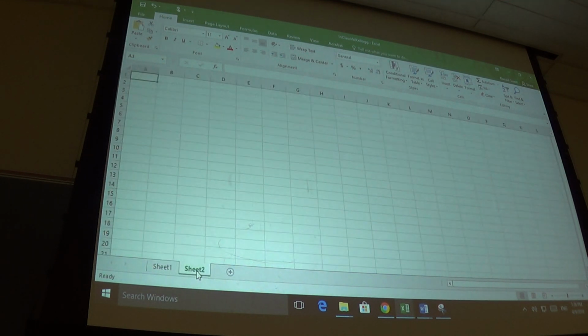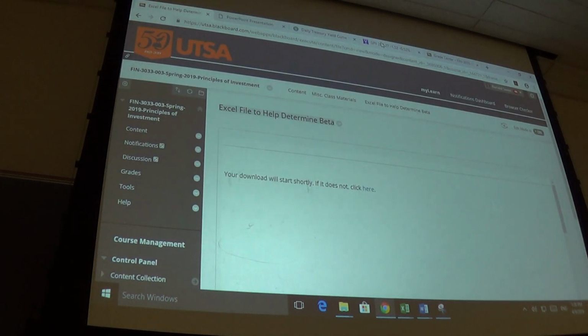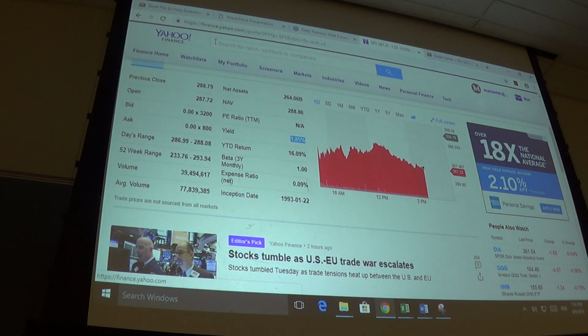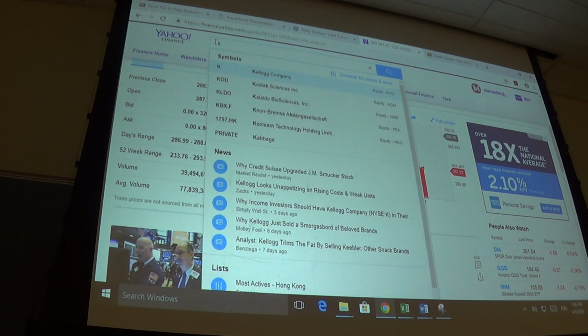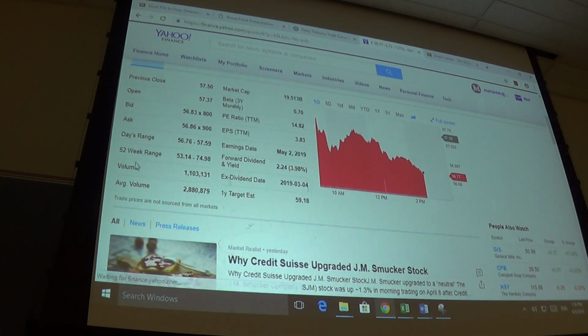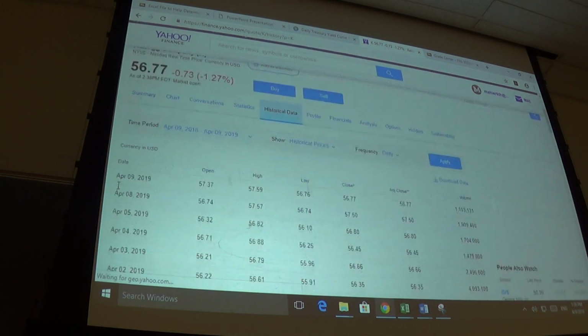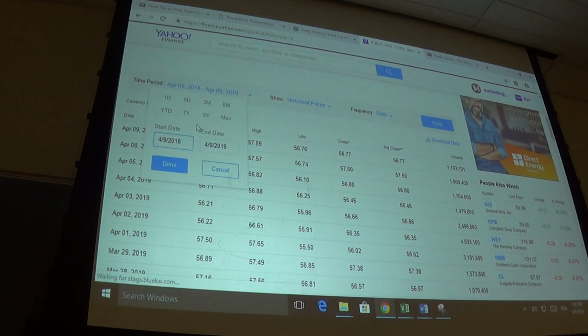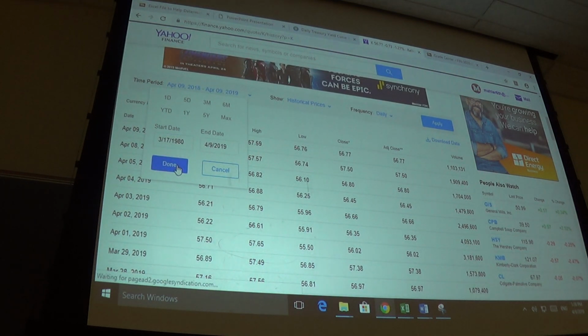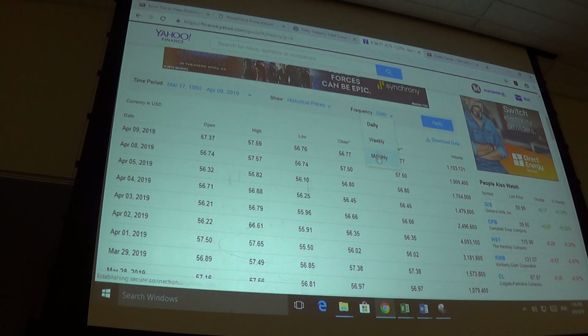I'll do this on a separate page. See, a video shows you to do this, but we'll do it real quickly. It's pretty simple to do. So I'll just put Kellogg's in there. Get their historical data. Take the max back to 1980. That's pretty cool. I'm going to do monthly.